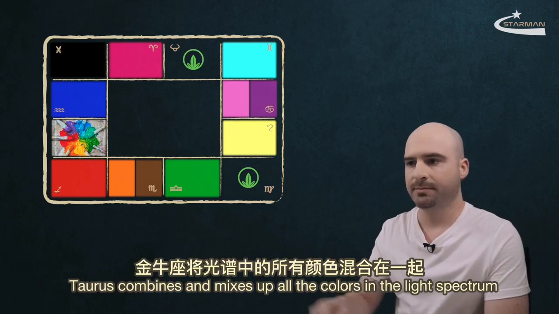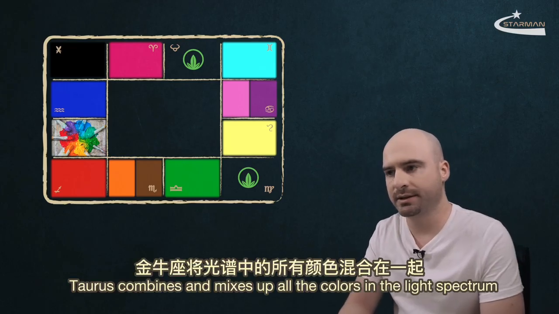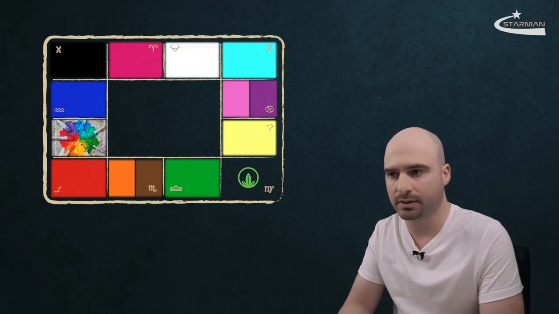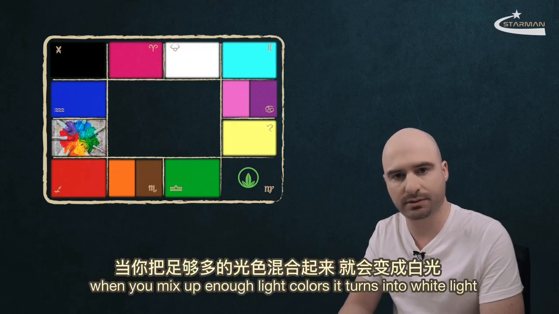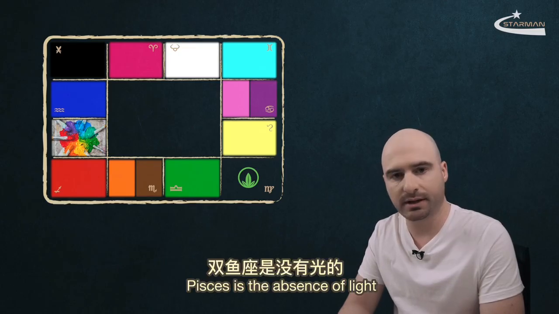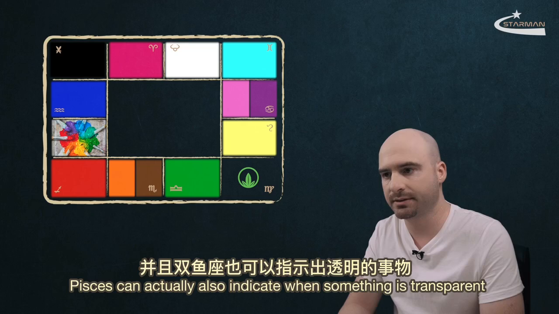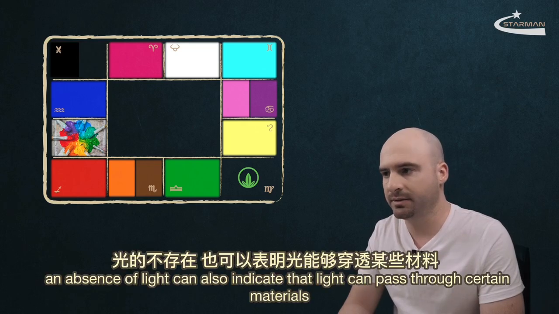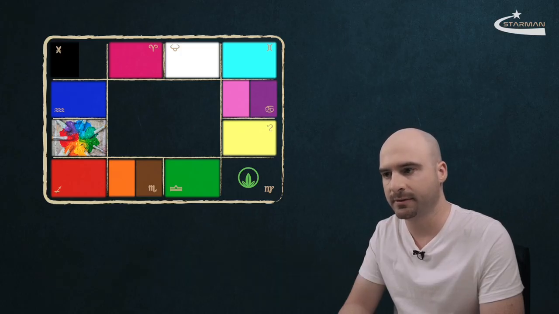Taurus combines and mixes up all the colors in the light spectrum, and as a result we get the white color, okay? When you mix up enough light colors, it turns into white light. Pisces is the absence of light, which is black. Pisces can actually also indicate when something is transparent, right? An absence of light can also indicate that light can pass through certain materials.